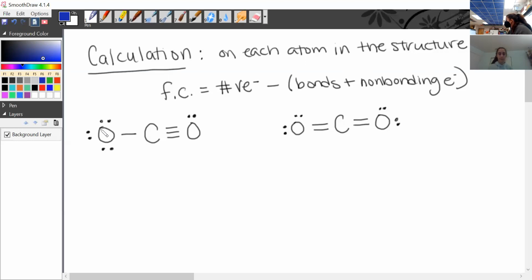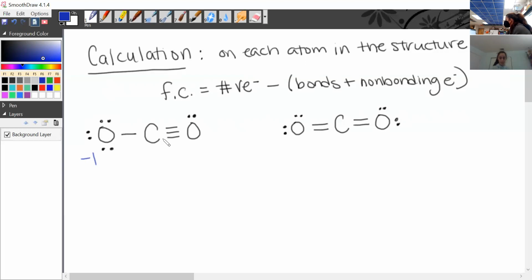I'm going to subtract from that all of the bonds and all of the non-bonding electrons on the oxygen. So 6 minus 1, 2, 3, 4, 5, 6, 7. See how I counted that? Okay. So 6 minus 7 is negative 1. The formal charge on the oxygen is negative 1.